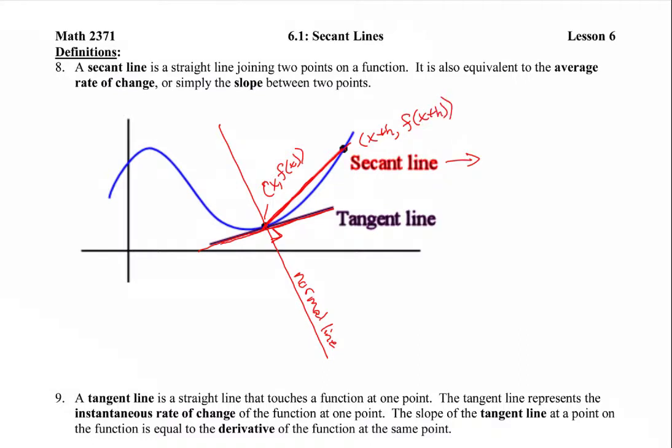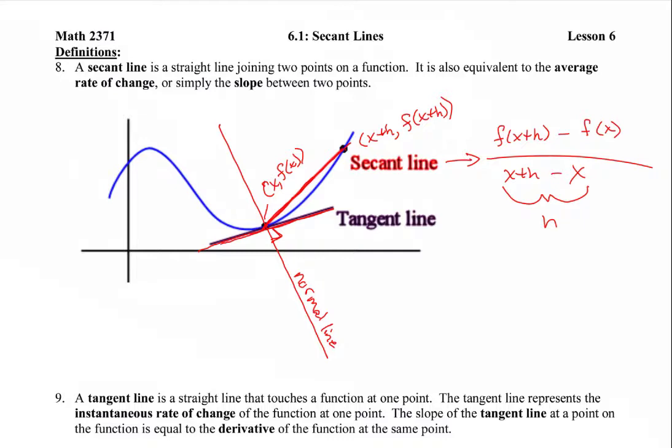So the secant line is going to be the slope. That's going to be f of x plus h minus f of x over x plus h minus x, where this part will simplify down to h.